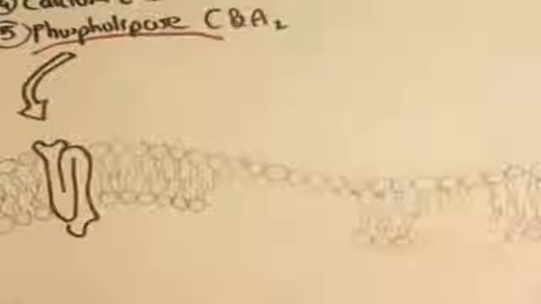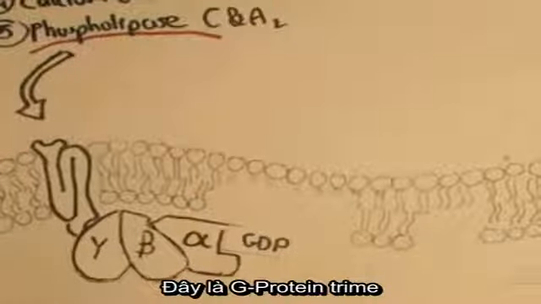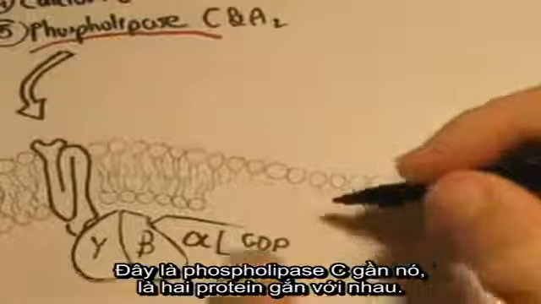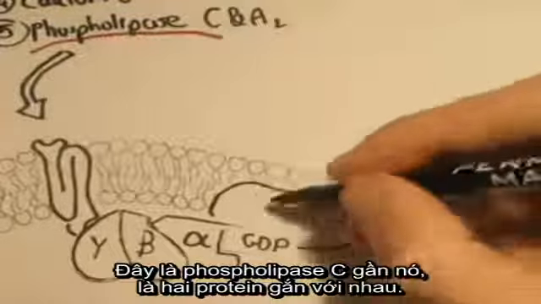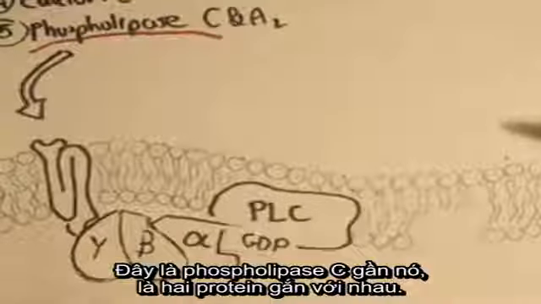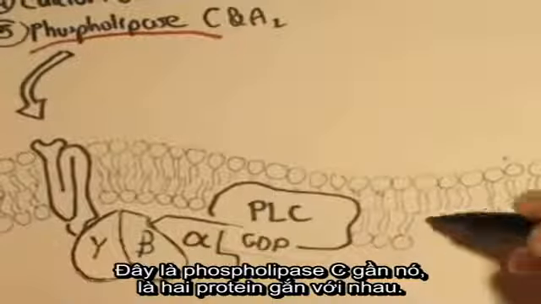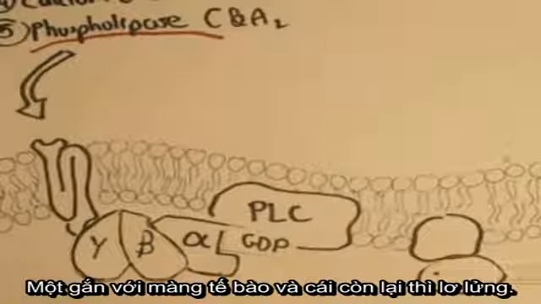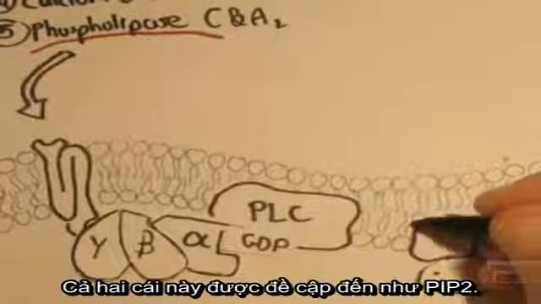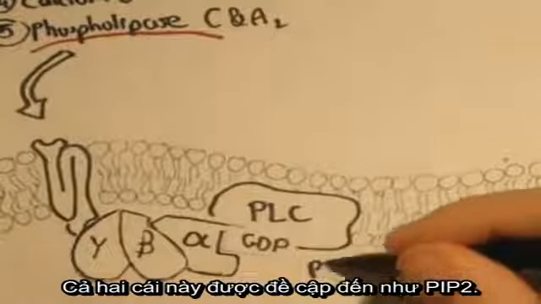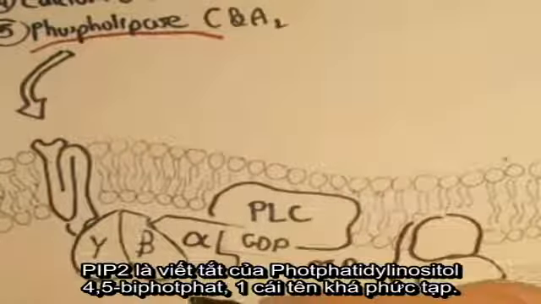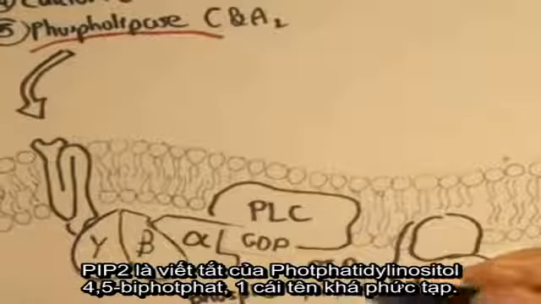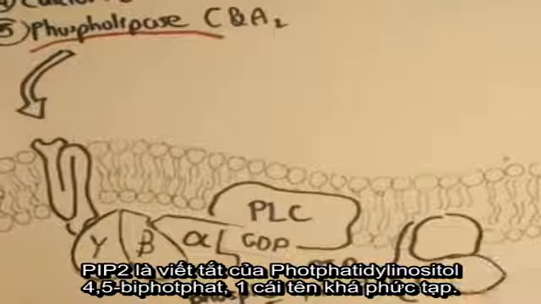Now, we'll focus on phospholipase C as an example of the G protein signaling process and describe the roles of its secondary messengers. Here's a G protein coupled receptor. Here's a trimeric G protein, and this is phospholipase C. Close to it are two proteins attached together, one bound to the cell membrane and the other just hangs off.